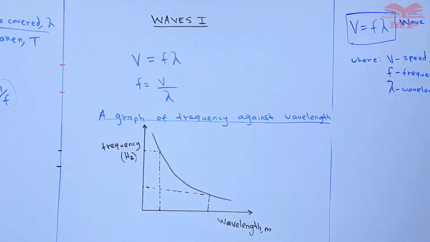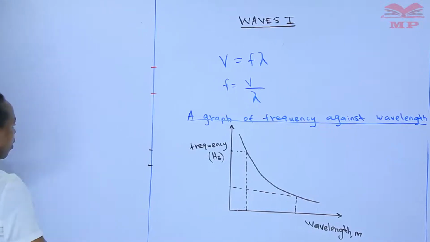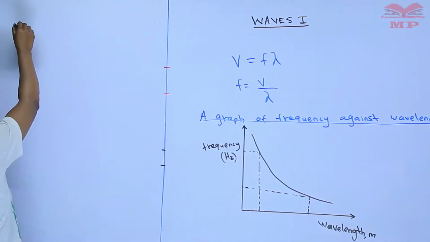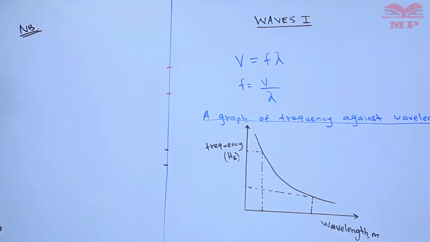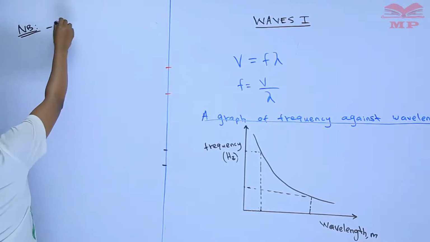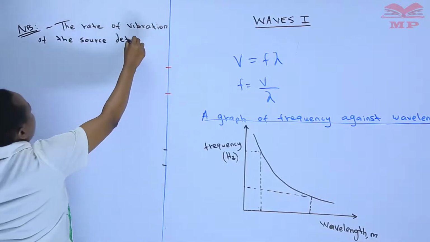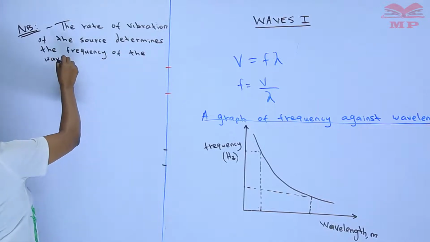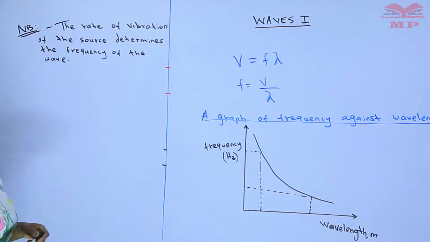I would like you to note down the following. We are saying that the rate of vibration of the vibrator or the source determines the frequency of the waves. That is key. The rate of vibration of the source determines the frequency of the wave.